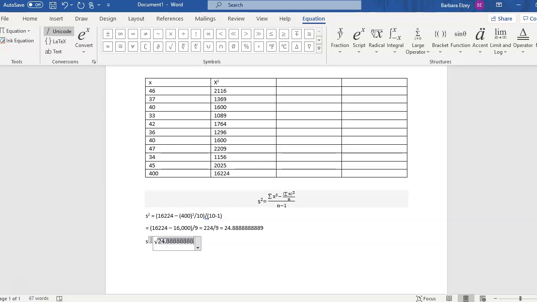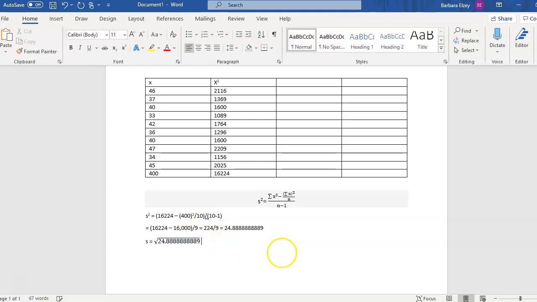Not sure how many decimals I have there. I think I have the right number of 8s there. Be careful when you put this into your calculator. Remember, you're taking the square root and not the square. Always with the square root, we should be getting a smaller number, not a bigger number. So be sure that that is what you get.